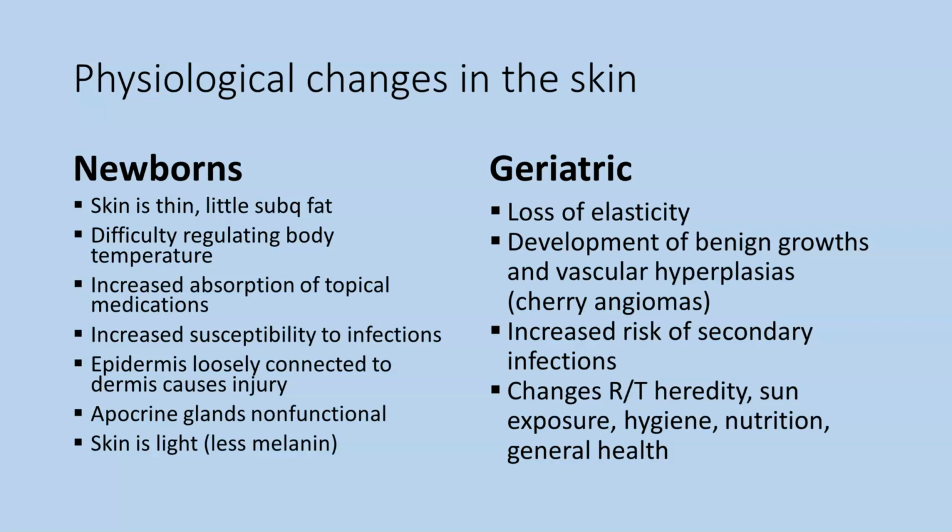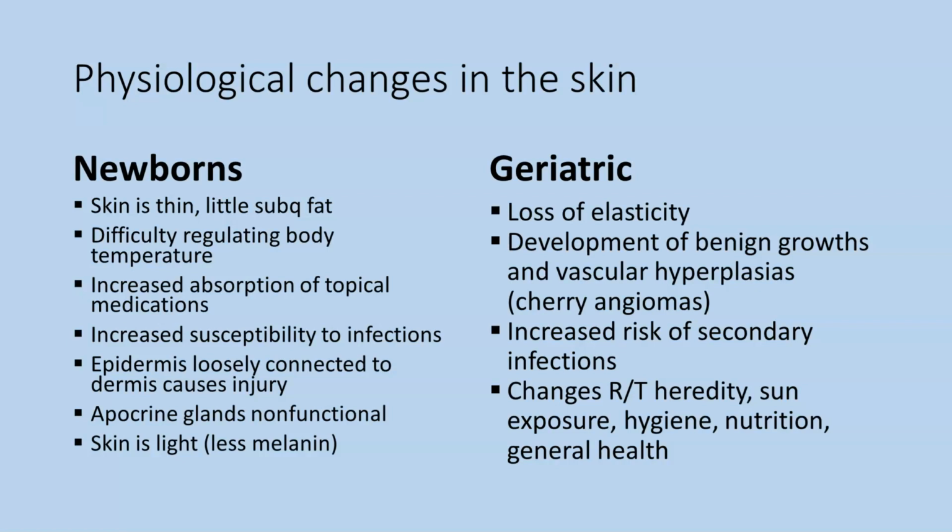I think most of us understand that just from having kids or being around kids. Of course, their immune system isn't fully developed, so they have increased susceptibility to infections. The epidermis is fairly loose, right? They lack the ability to sweat, and there's less melanin in the skin.